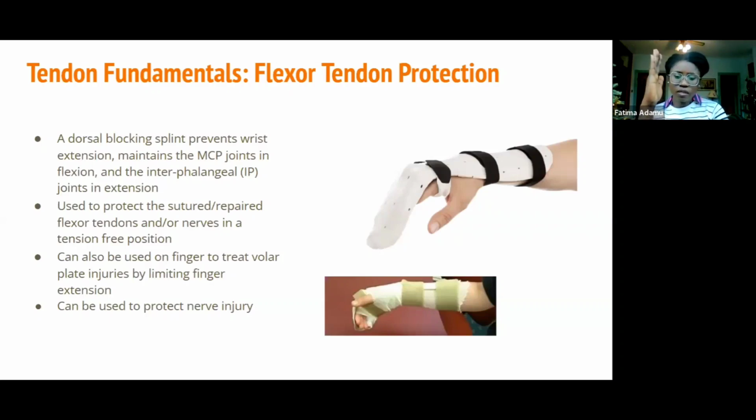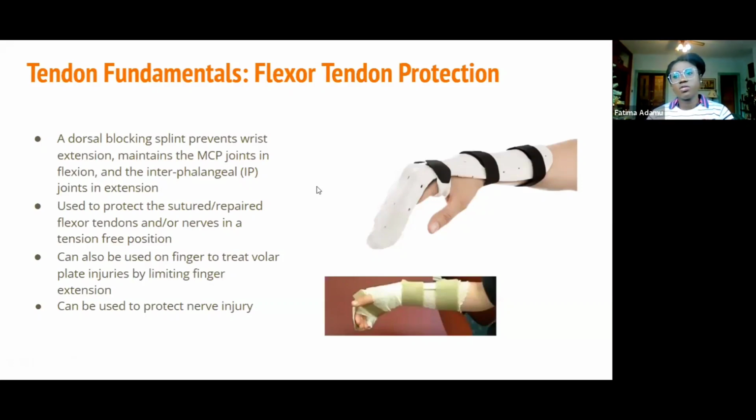So again, similar to that intrinsic plus position I was talking about before, we're trying to keep the structures on stretch that need to be placed in a stretch so that eventually we can do a nice fist. You can also use this position to treat nerve injuries, right?